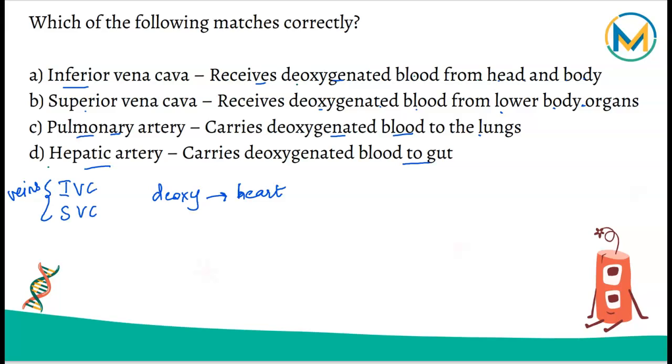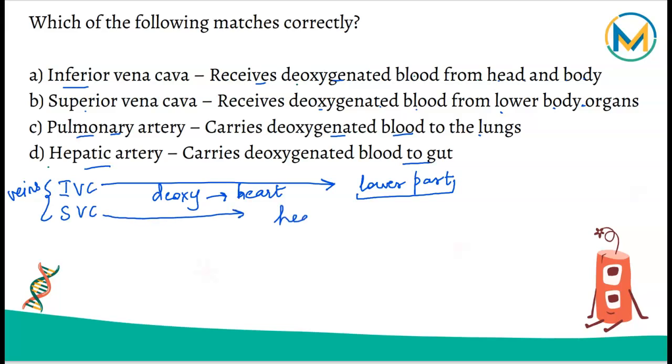The inferior vena cava specifically gets deoxygenated blood from the lower part of our body, the section below the heart: your abdomen, the leg, all that region. Whereas the superior vena cava gets the deoxygenated blood from the head and the chest region, the portion above the heart.